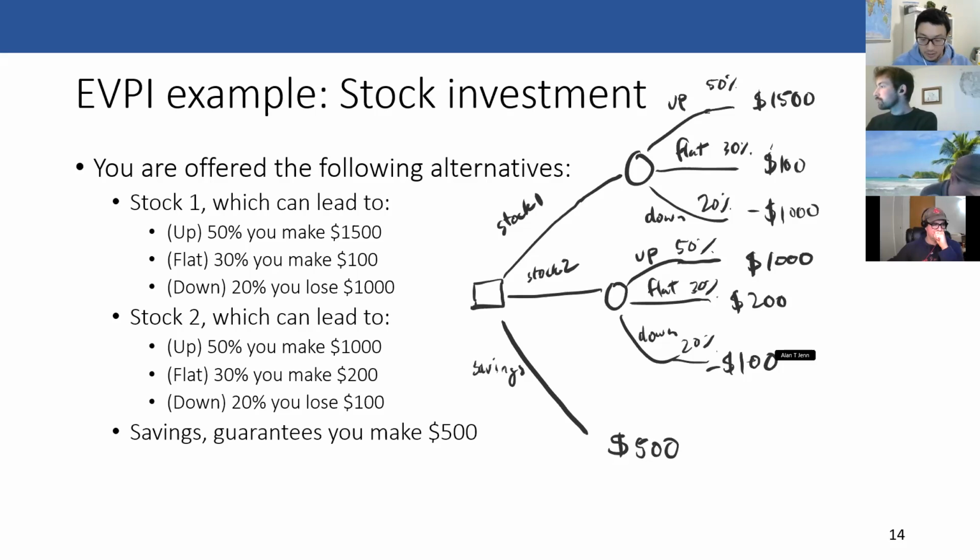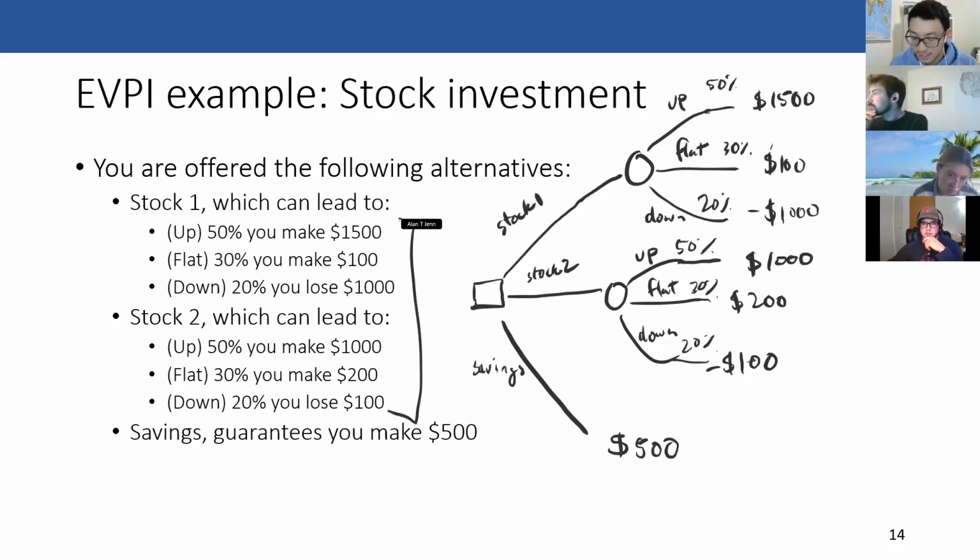Okay, so these are all the corresponding outcomes. And so we can figure out what our expected values are for making each of these decisions.